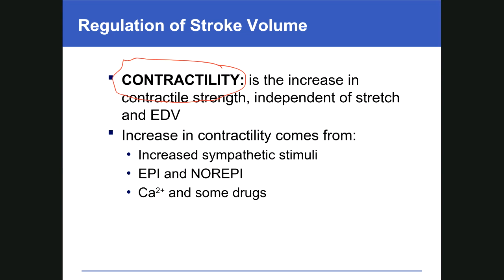And then there's one more thing, and that is contractility. Remember I told you to think of the heart like a sponge with water in it? And that sponge with water in it is in your hand. So here's a sponge, and you're going to squeeze it with your hand. If I squeeze gently, I'm not going to make much water come out of that sponge.